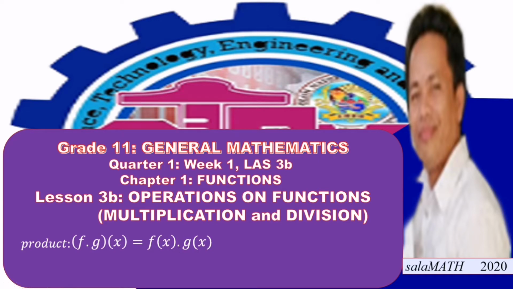For division, the quotient f over g of x is equal to f of x over g of x. We have an illustrative example here.